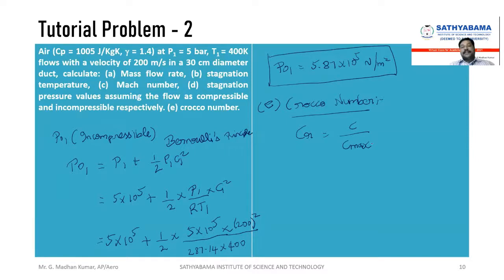Then we have to find the C max now. In order to find the value of C max, we are going to use this formula: C max square by 2 is equal to A1 square divided by gamma minus 1, plus C1 square by 2. Use this formula to find the value of C max. So what is your A1?